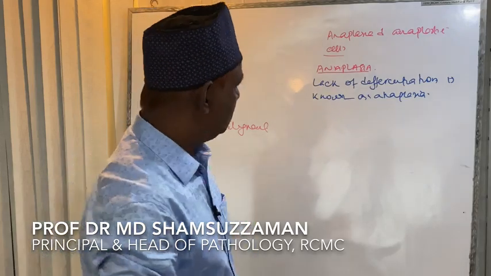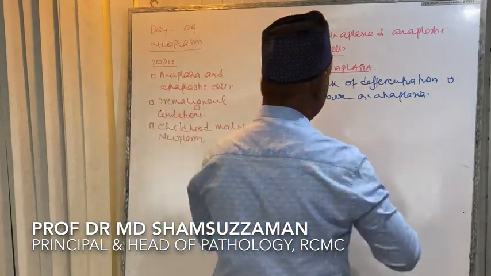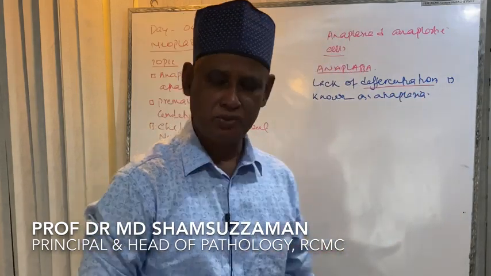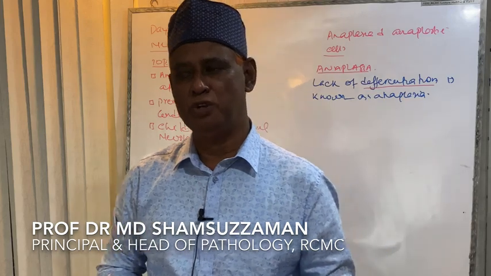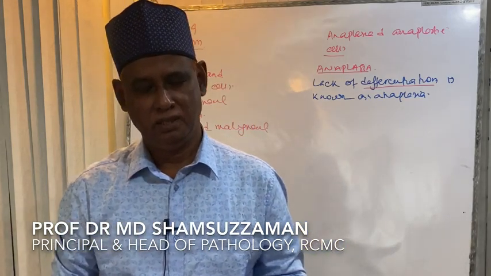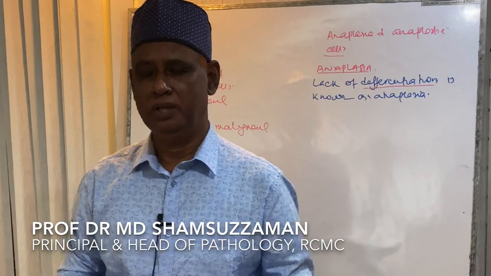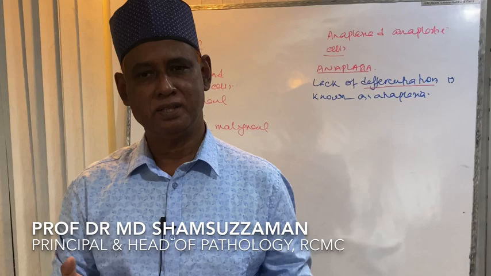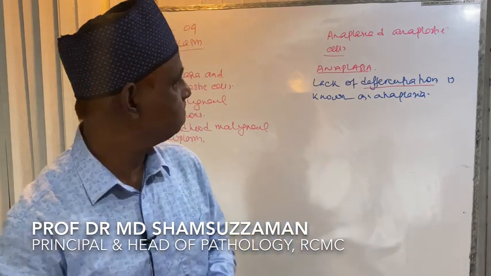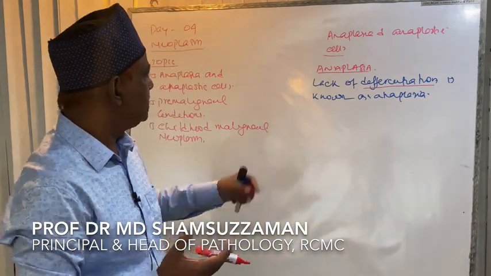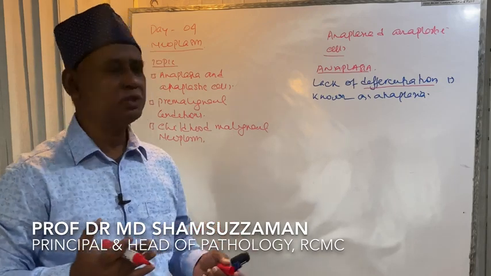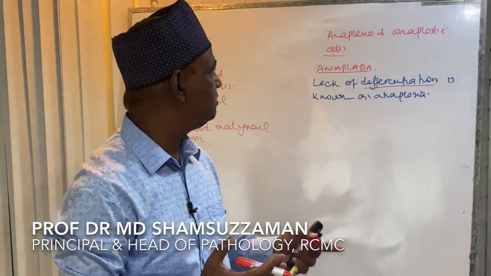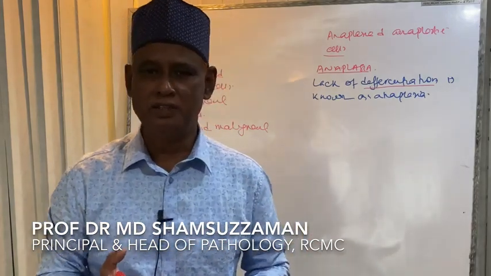Dear audience, we can recapitulate what is differentiation. Differentiation means the extent of resemblance or similarity of the tumor cell with the normal cell. If there is lack of differentiation, then it is called anaplasia, and the cell with lack of differentiation is known as anaplastic cells.